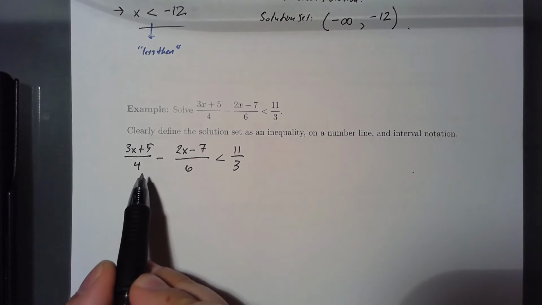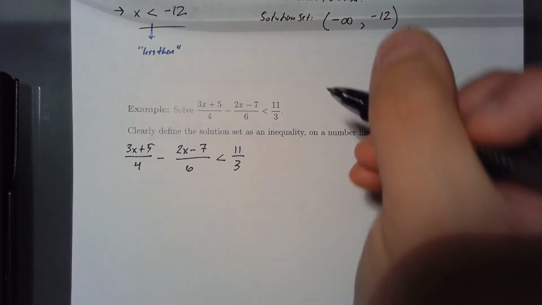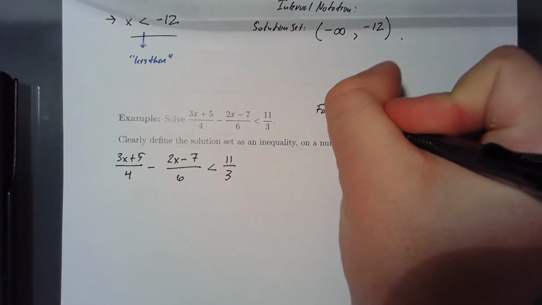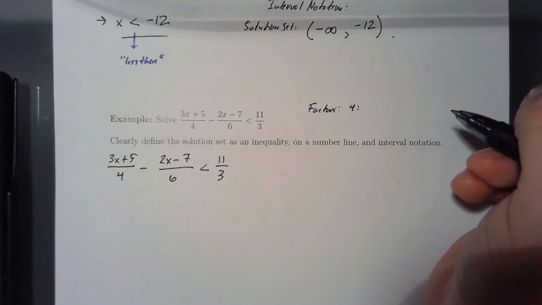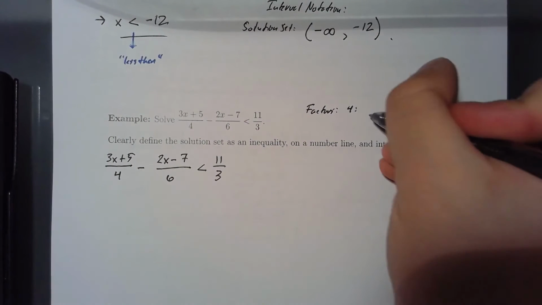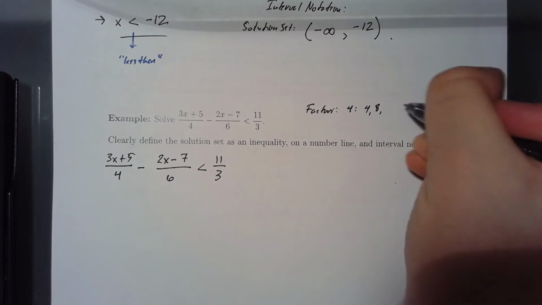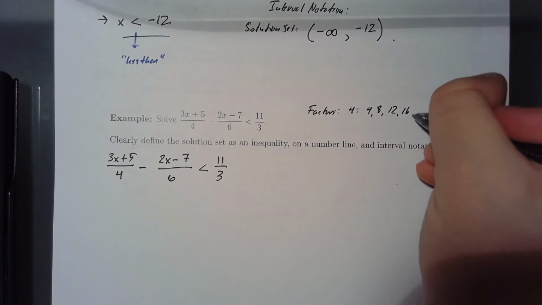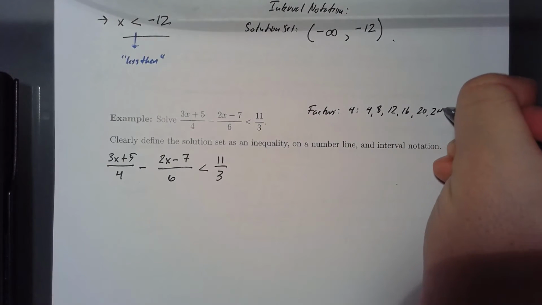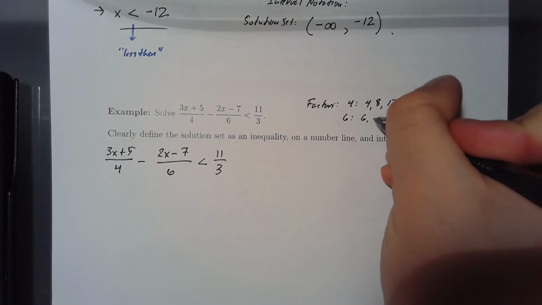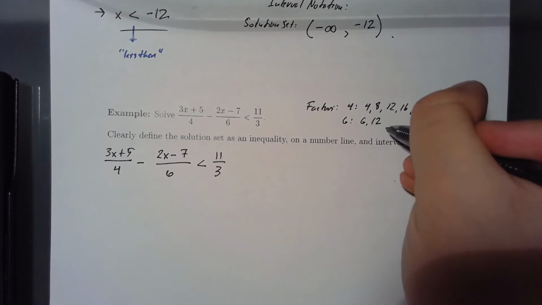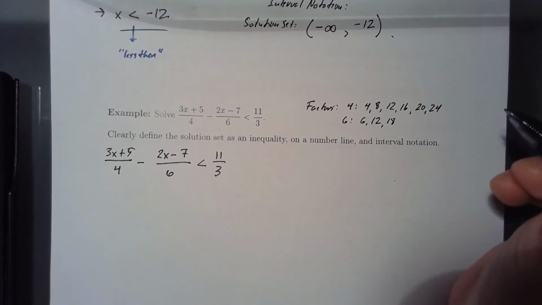So, if I listed all the multiples, what are the multiples of 4? 4, 8, 12, 16, 20, 24. What are the multiples of 6? 6, 12, 18, and so on.